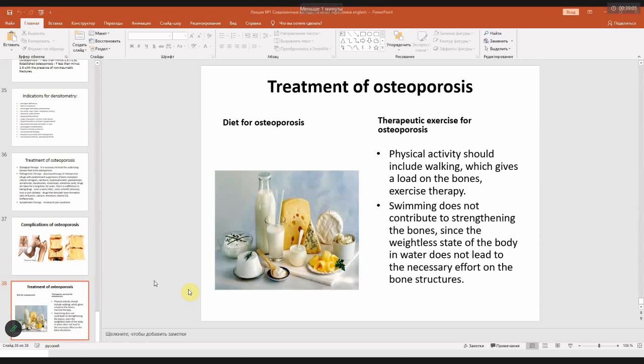Physical activity should include walking, which gives a load on the bones. Swimming doesn't contribute to stretching of the bone, as the weightless state of the body in water doesn't lead to the necessary load on the bone structures. Thank you very much for the attention.